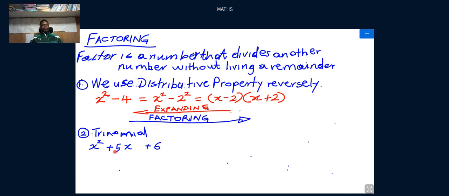Yeah. All right. How do we factorize a trinomial?